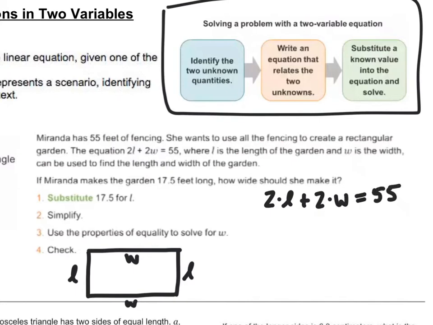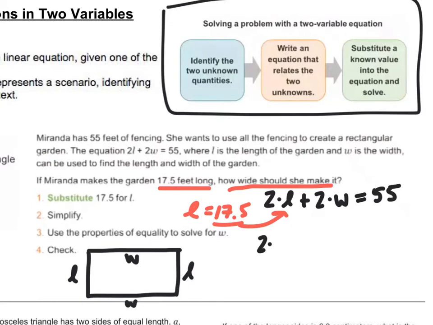Okay, and so it says if Miranda makes the garden 17.5 feet long, how wide should she make it? So we know that L is equal to 17.5. So what I'm going to do is take this value and substitute it in for L into my equation, okay? So I'm going to rewrite this as 2 times L, except I don't want to write L. I'm going to write the number that L is equal to.